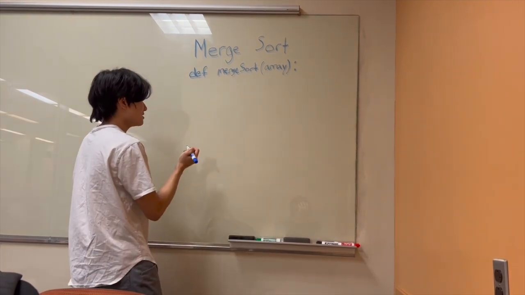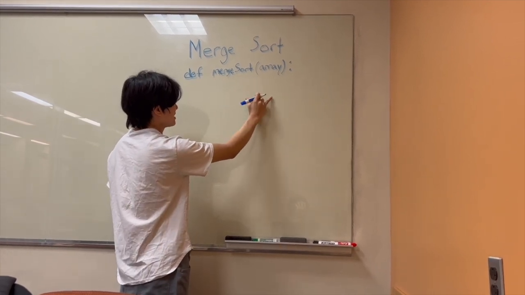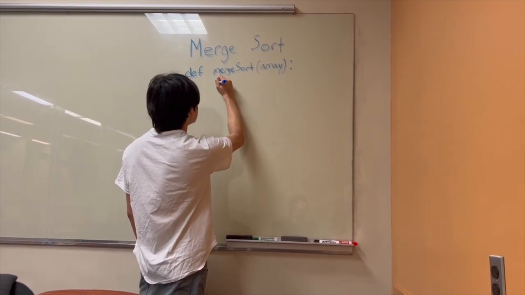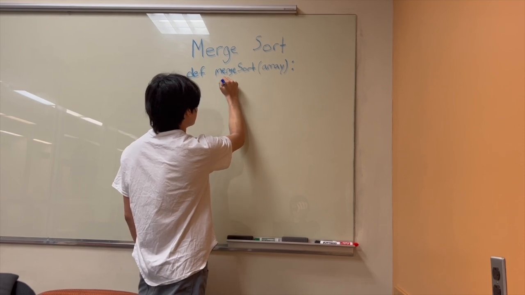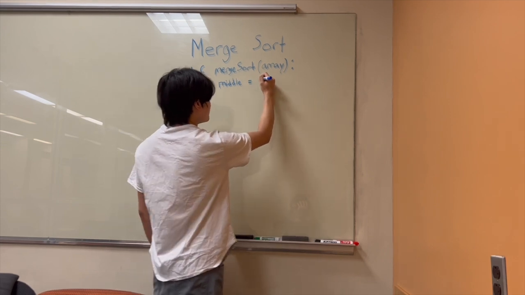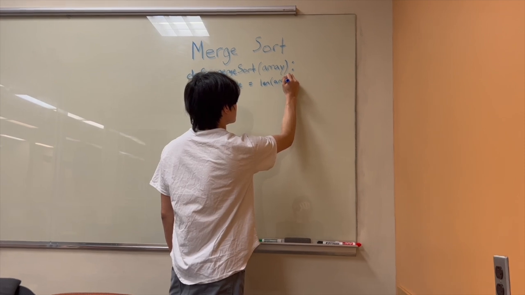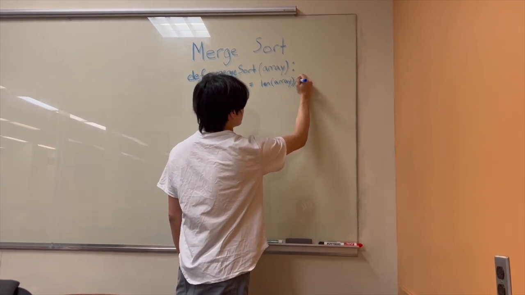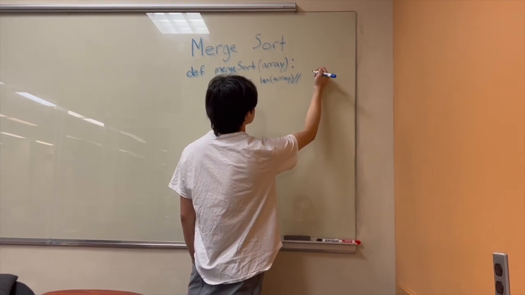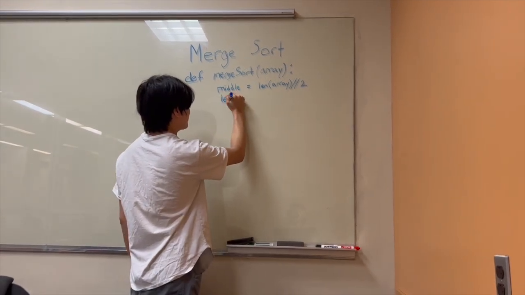So let's define our middle index for the array to split it into halves with recursive formula. So we can define middle as the length of the array, and divide that by 2. We use a double slash to use the floor function. The left subarray is going to look like this.